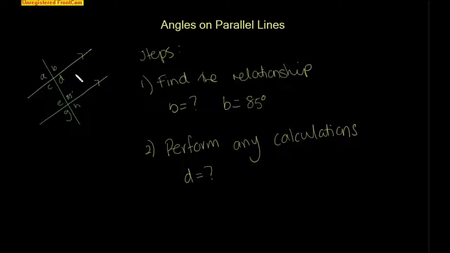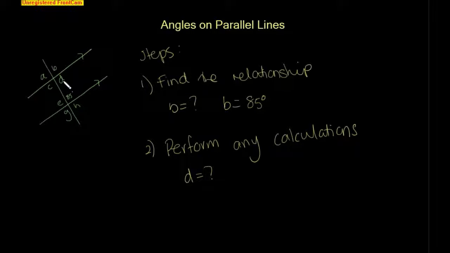Well, they're not co-interior. They're not corresponding because D is below the parallel and our known 85 is above it. They're not alternate because they're both on the same side, not opposite sides of the transversal line. They're not opposite each other, so they're not vertically opposite.